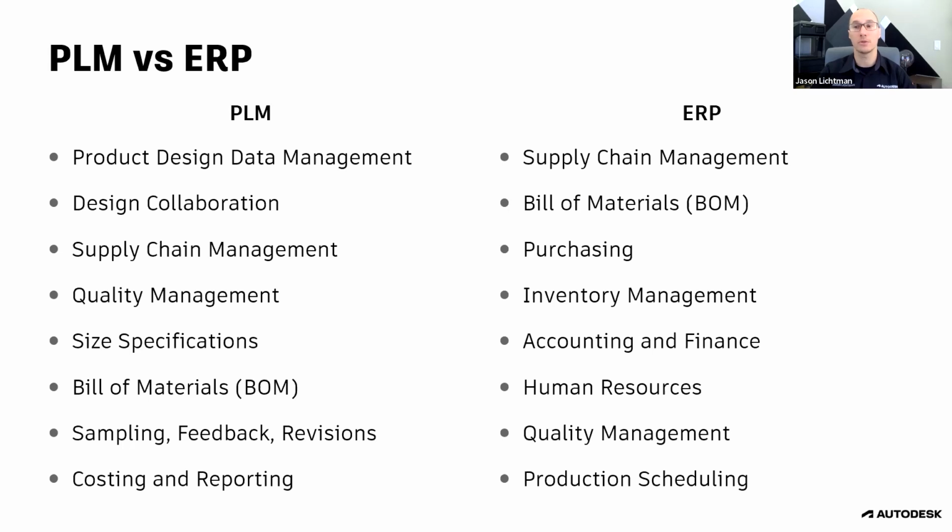A PLM solution allows design teams to highlight the correlation between each component of a product, while an ERP platform handles the transition of the materials for inventory, production schedules, and logistics. PLM tools are used primarily by technical designers and product developers, whereas ERPs are more often used by manufacturing and operations personnel, right? And you can see all of the various different functions that each does.